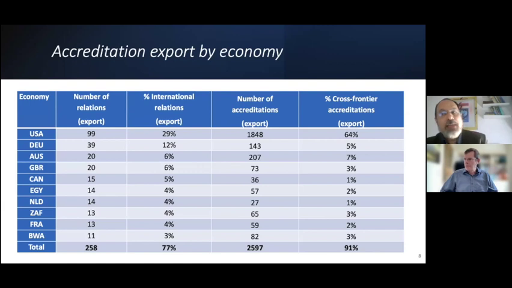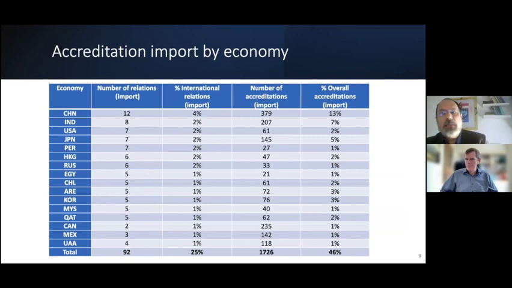When you see the graph from the exports point of view, the United States represents 64% of cross-frontier accreditations and 29% of the relationships, and then we have Germany, Australia, or Great Britain, and also other countries that we have identified as references, like France or Botswana or South Africa.